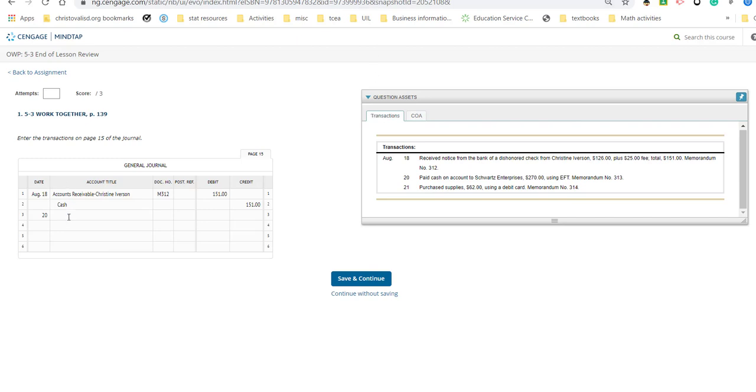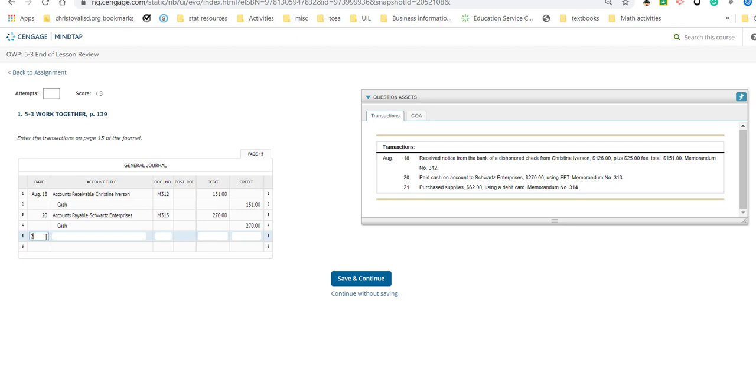Cash is being lowered, so cash is the credit. We're lowering our liability, therefore that is the debit. The amount that we are transferring is $270. And again, we said cash was the credit because we lowered our cash amount. And memo 313 is the evidence for this.